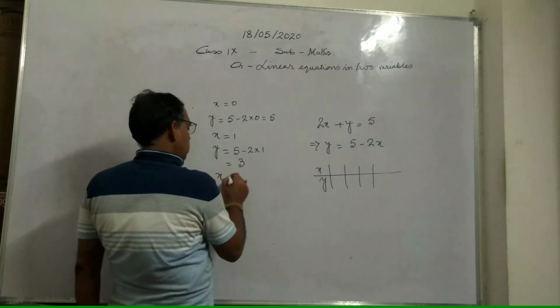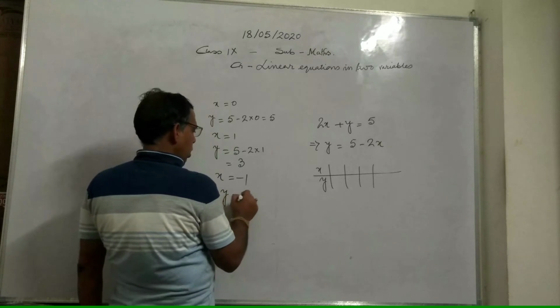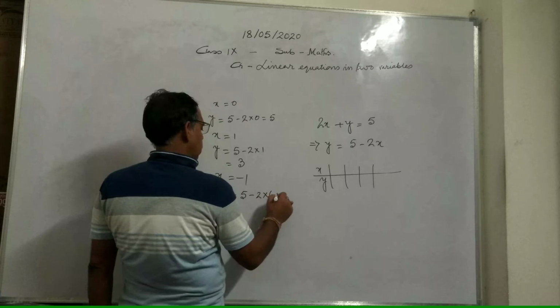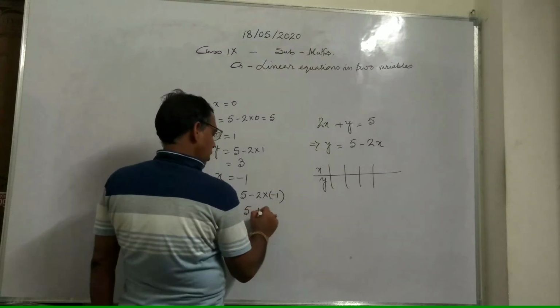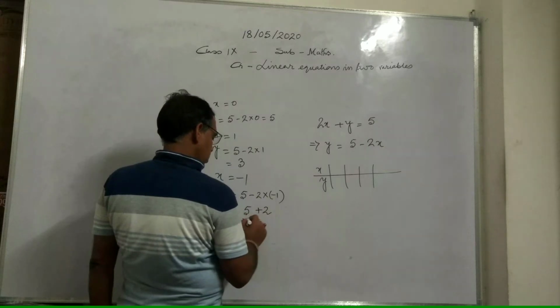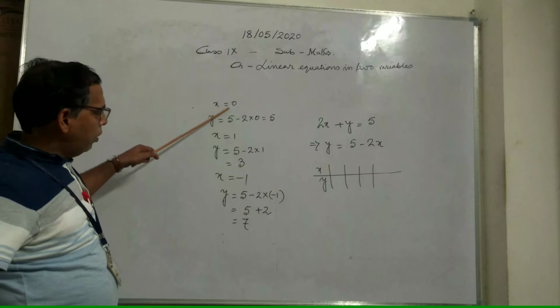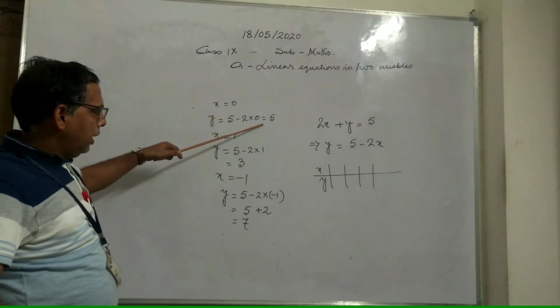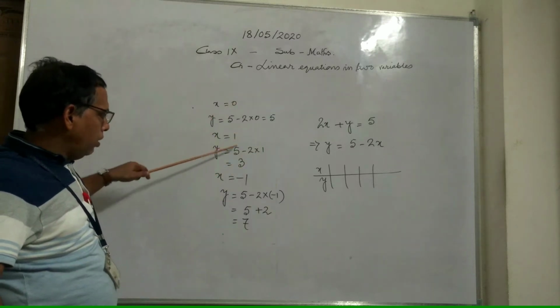Suppose x equals minus 1. Then what will happen? y equals 5 minus 2 into minus 1. Then what is that? 5 plus 2 is 7. That means one thing you see, the more the value of x, the less the value of y: 0, 5, 1, 3.